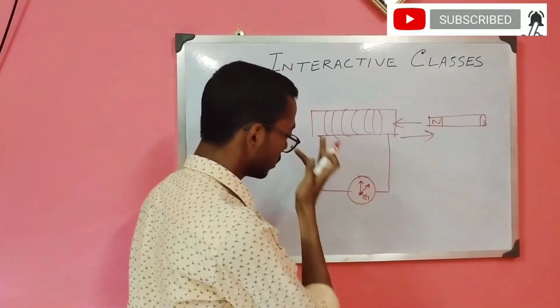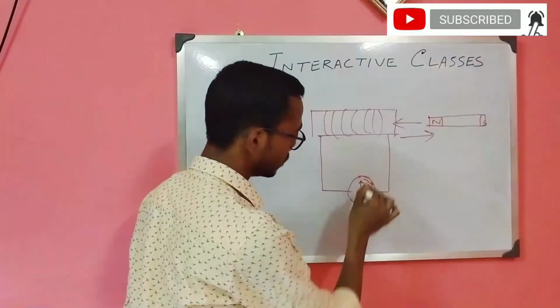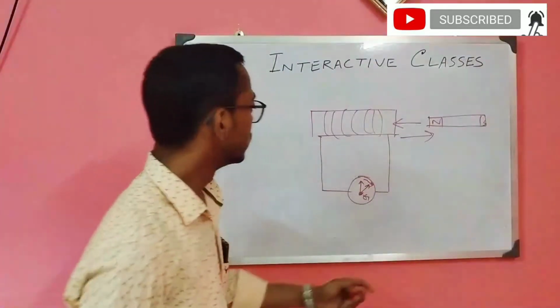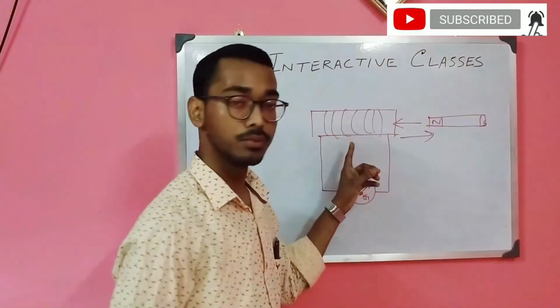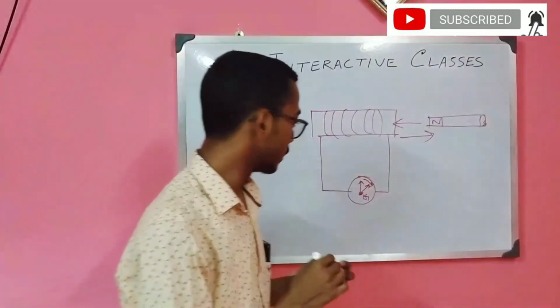The pointer of the dial moves to the right side, right? This shows that there is a generation of electricity within this coil, okay?